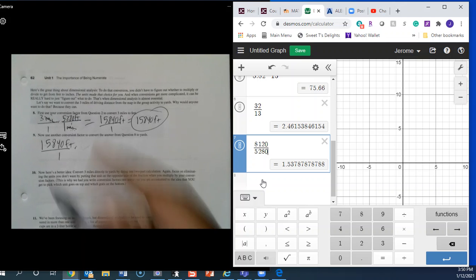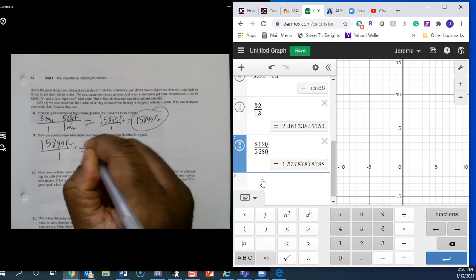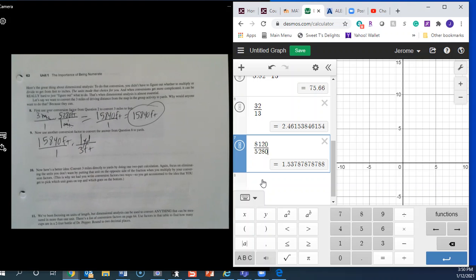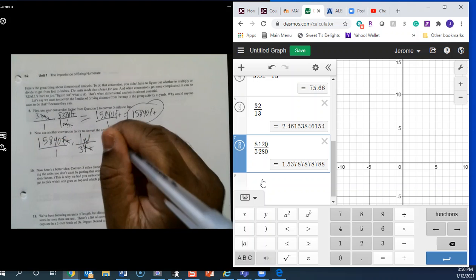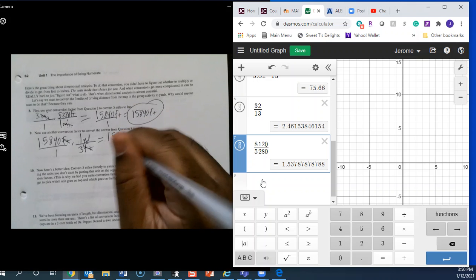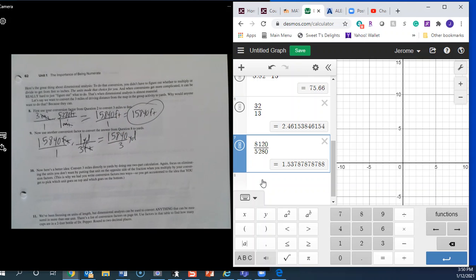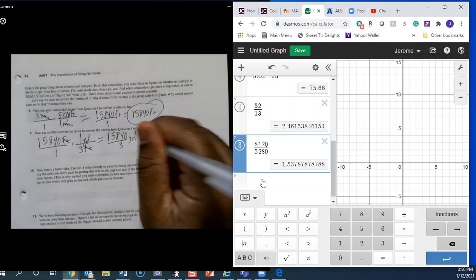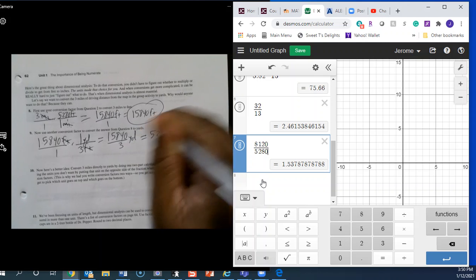So we know the feet portion of this will go in our denominator and the yards will go in our numerator because we want to end up with yards. So the feet will simplify out. So we have 15,840 all over 3 yards. 15,840 over 3 will be 5,280 yards.